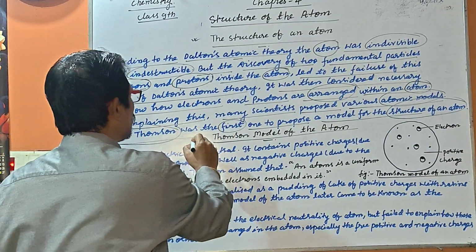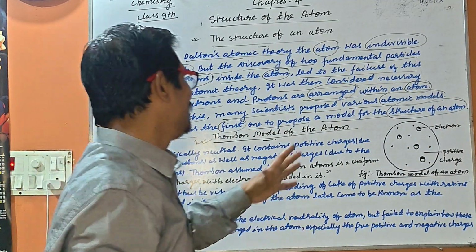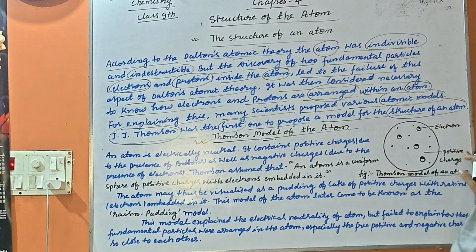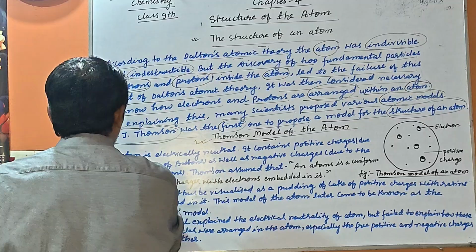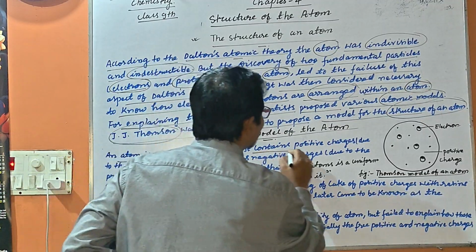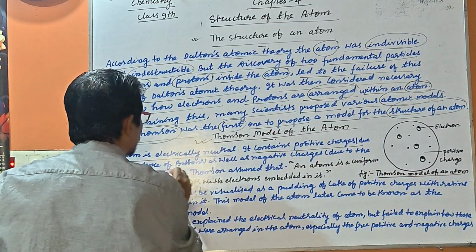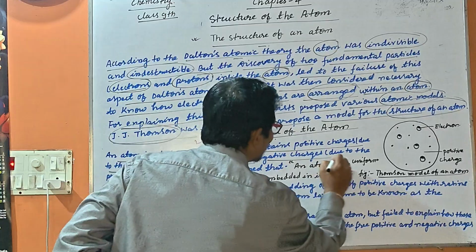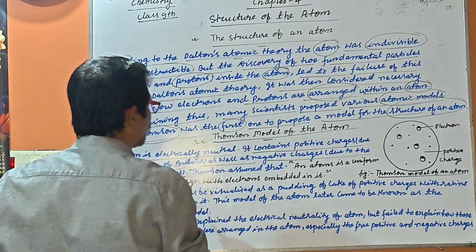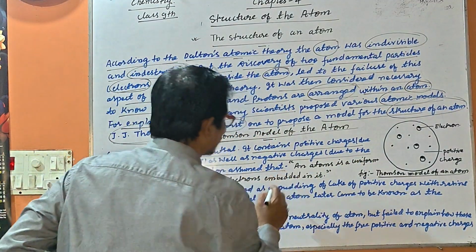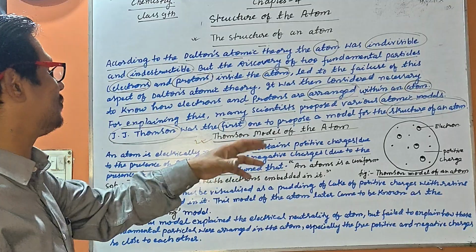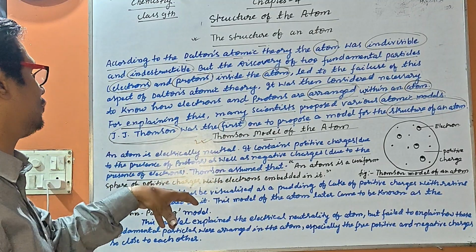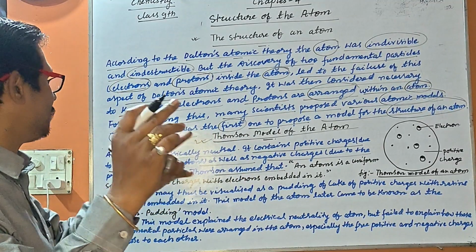This is the Thomson model of an atom. An atom is electrically neutral. It contains positive charges due to the presence of protons as well as negative charges due to the presence of electrons. Thomson assumed that an atom is a uniform sphere of positive charges with electrons embedded in it.